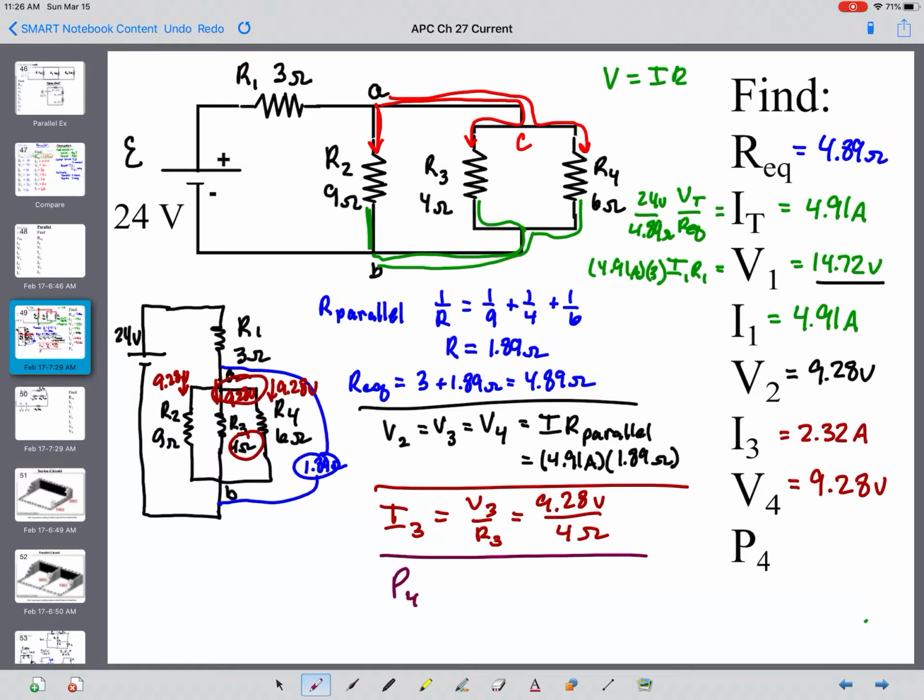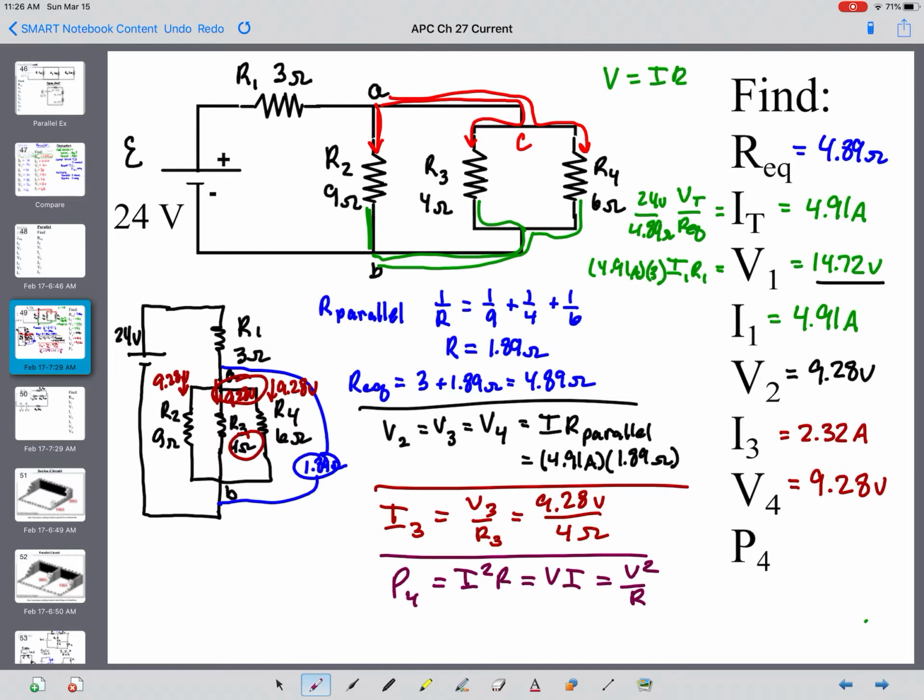Now, power on number 4. You've got 3 power equations: I squared R, V times I, and V squared over R. It really comes down to whatever you know enough to calculate the easiest.